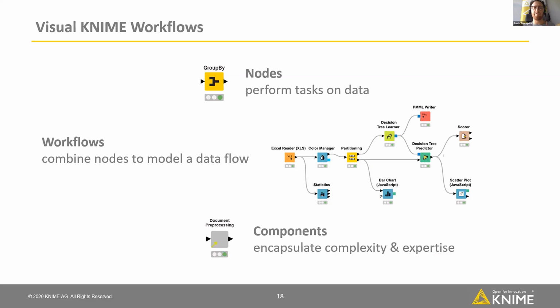Okay, so something else that is really important to understand how we create that application is called components. So basically we can package a sequence of nodes in a component. The component looks just like a node, but inside you can find more nodes, and they can create complex views, and the KNIME user can really decide what is the complexity that this component is doing. And using over 3,000 nodes, you can do really any kind of component.